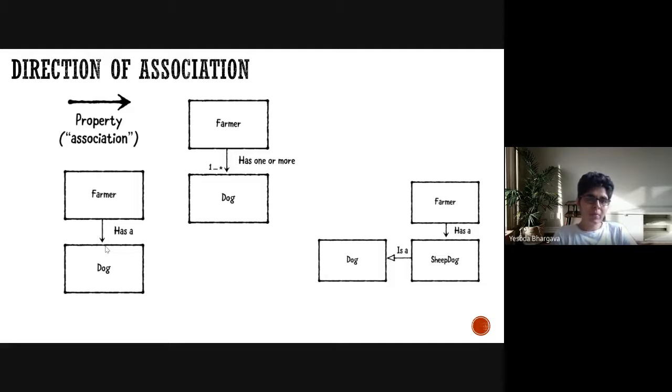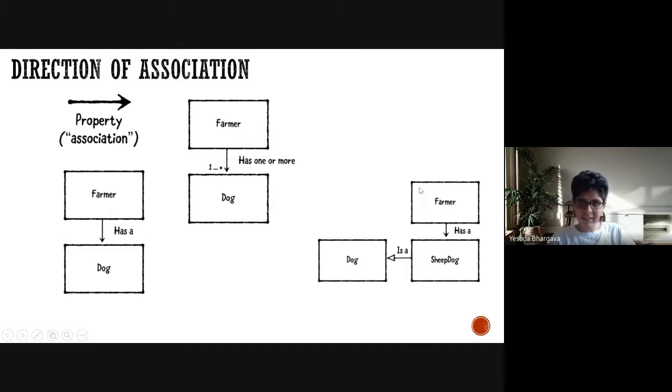But for the sake of the discussion, using this example, what we are trying to understand is that when there is a unidirectional association, normally there is some function that is being performed using one class on another class, or there is a kind of property association. And when you add a multiplicity to it, then it would be that a farmer has one or more dogs.